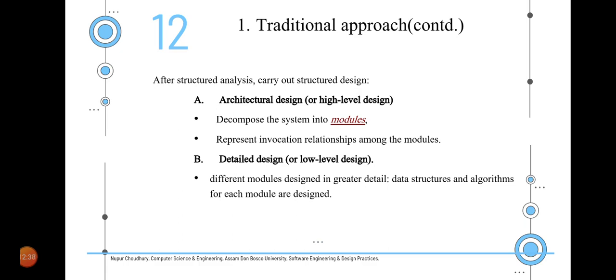In the low level design, the different modules are designed in greater detail, with data structures and algorithms for each of the modules.